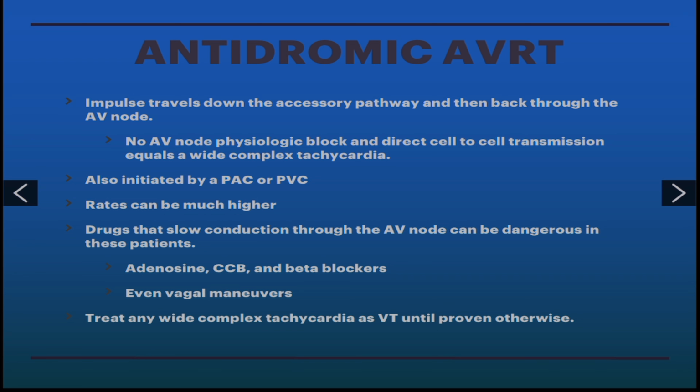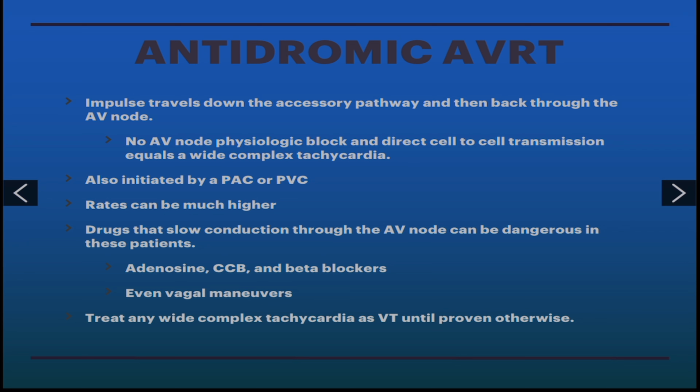In the pre-hospital environment, it's not completely necessary to be able to distinguish between ortho and antidromic AVRT without a previous EKG that shows the delta wave. It's really just an understanding of how the reentry tachycardia occurs and where the delta wave is coming from.